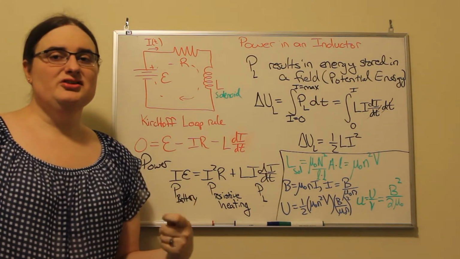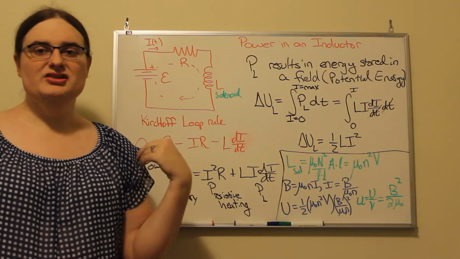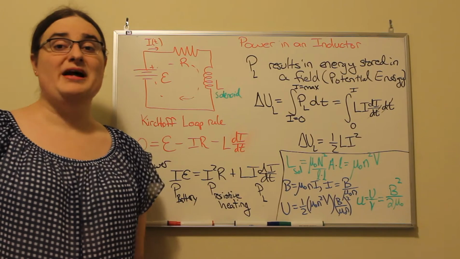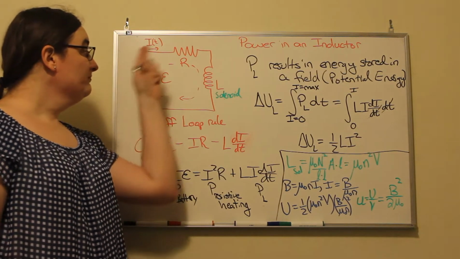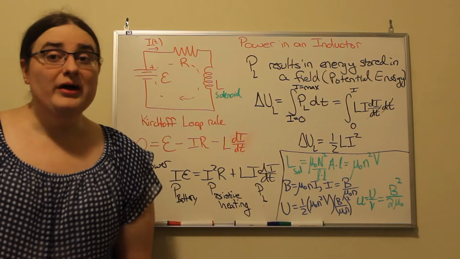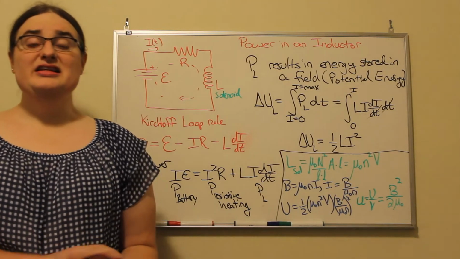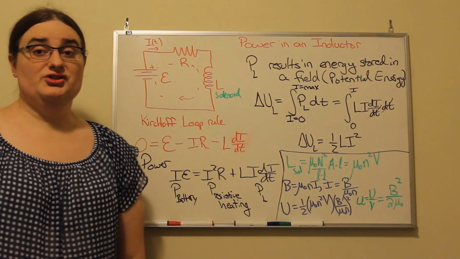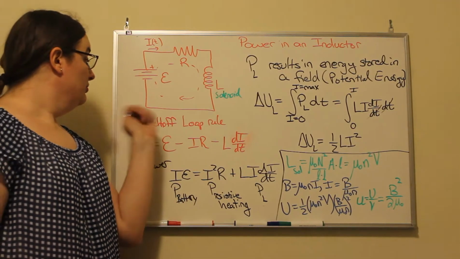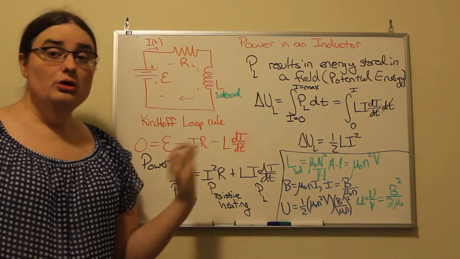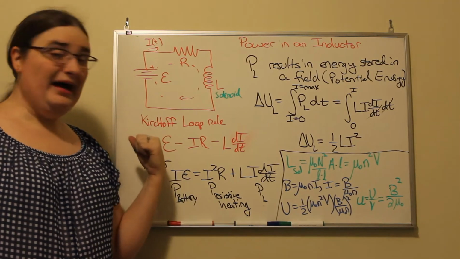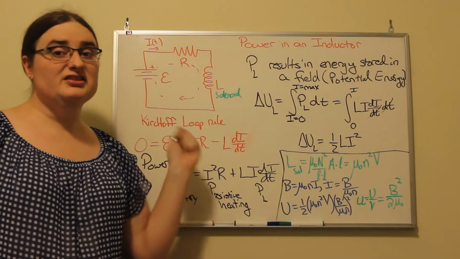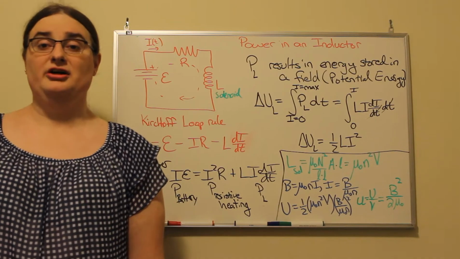And with an inductor, the EMF in the inductor is minus the inductance times the derivative of the current with respect to time. So we need to make a point that this current needs to be a function of time, because if it's just constant, that inductor isn't really doing anything important. So our EMF then in our battery would be equal to our current times our resistance plus our inductance times the derivative of our current.